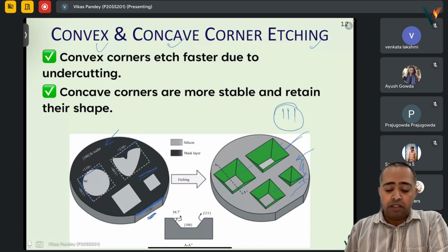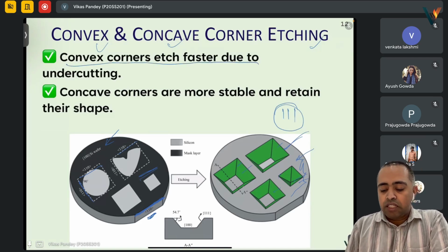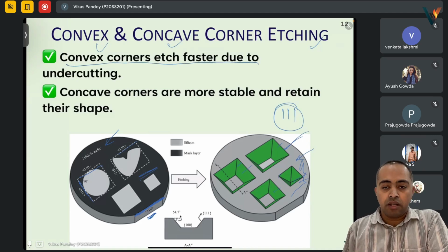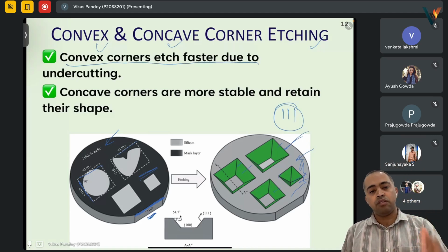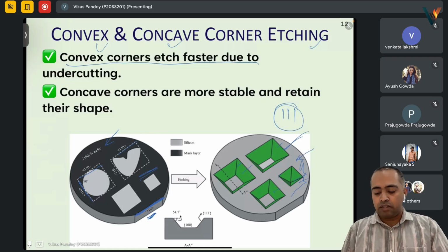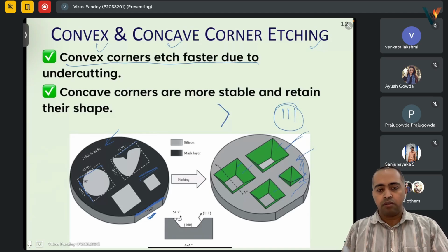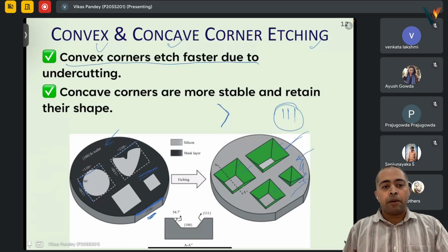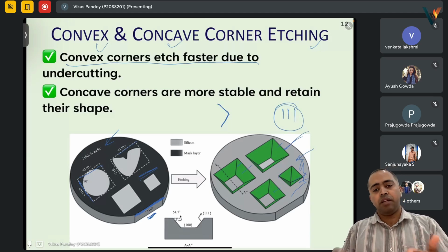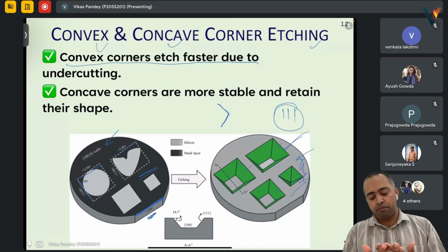Second thing is that convex corners etch faster due to undercutting. If we have convex corners, protruding structures like this, they will etch much faster due to undercutting forming below them.